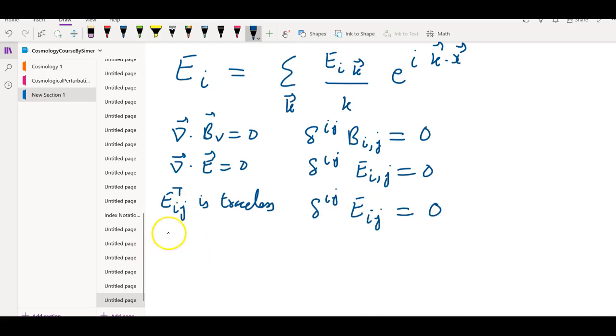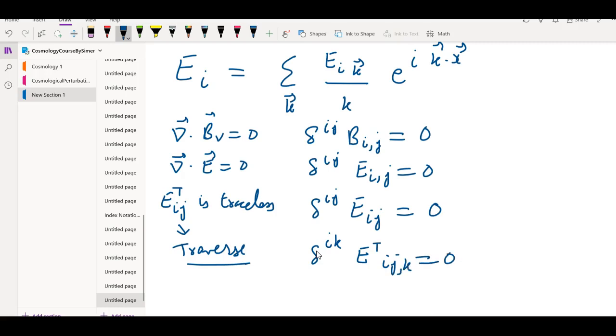And then we have another constraint that etij is also transverse, so that we can get the gravitational wave components. And for that we have delta ik e t ij comma k is equal to 0.